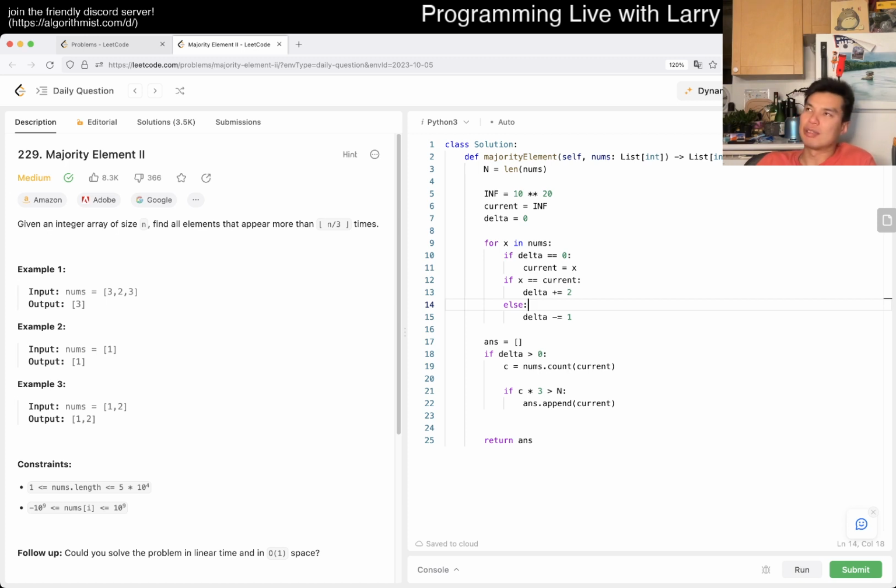Can I just do this with three elements? Okay.